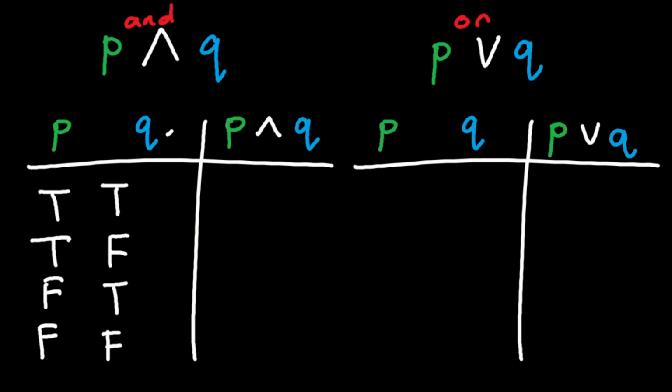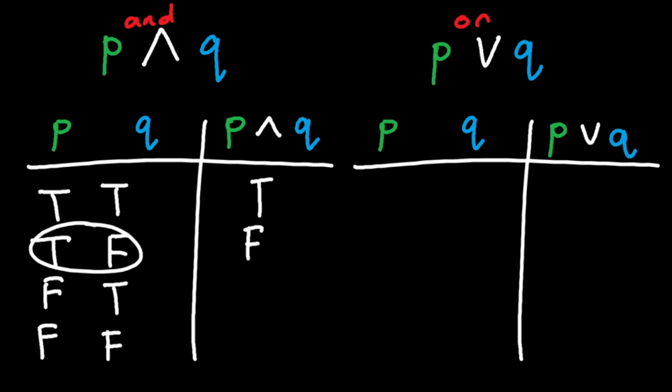So with this operation, let's take a look at the first possible scenario, when both P and Q are true. When they're both true for the AND operation, you get true. You can think of it as this: if P and Q are true, then the result is true, right? But if P and Q aren't both true, then AND gives you false.